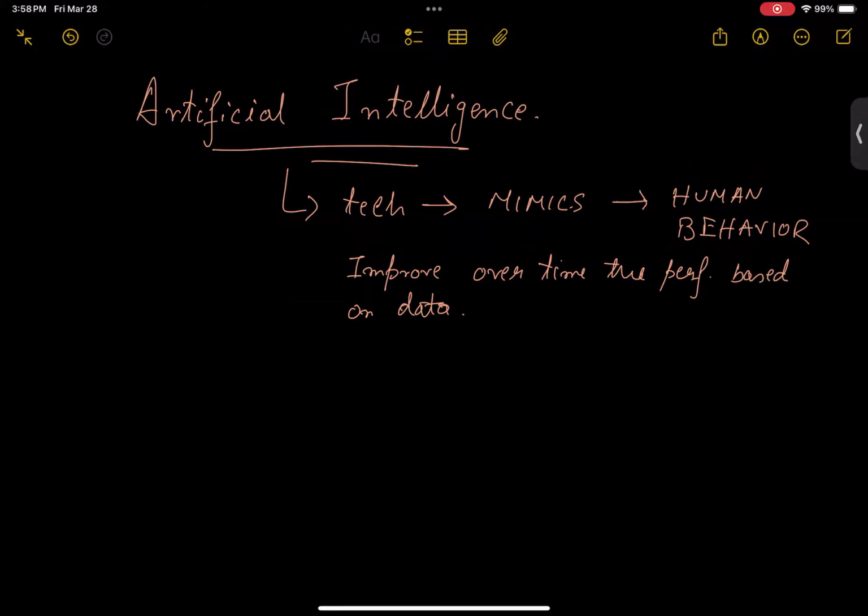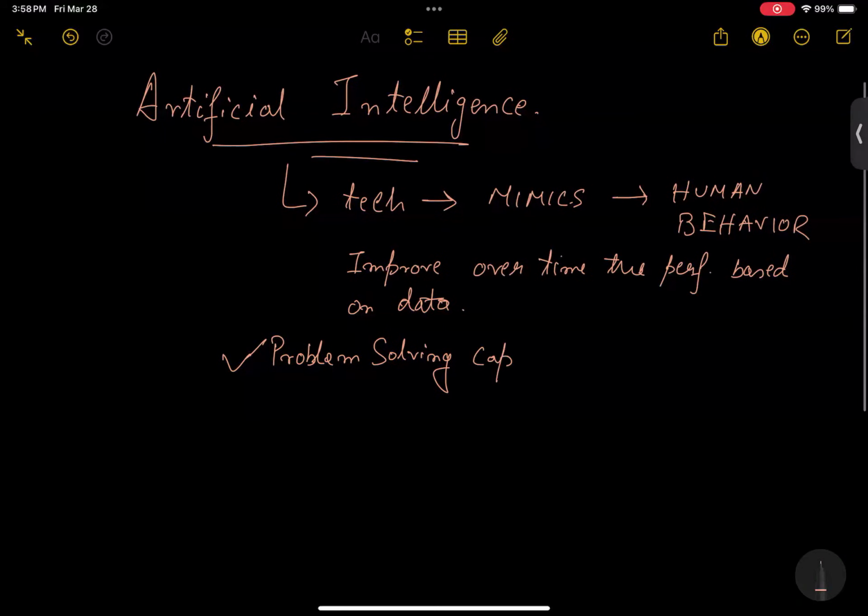There are certain characteristics of artificial intelligence which make it such a coveted and hot technology, right? The first characteristic is that it has problem solving capabilities.